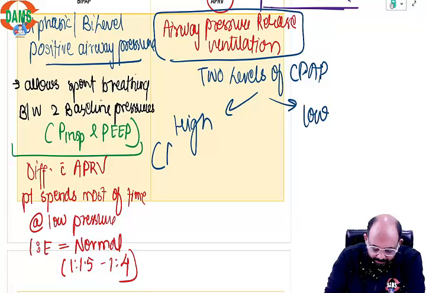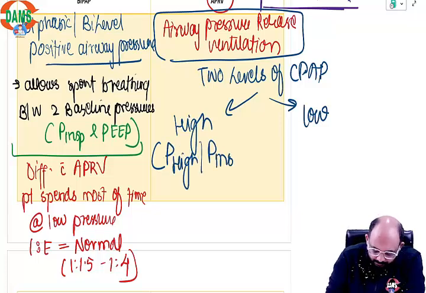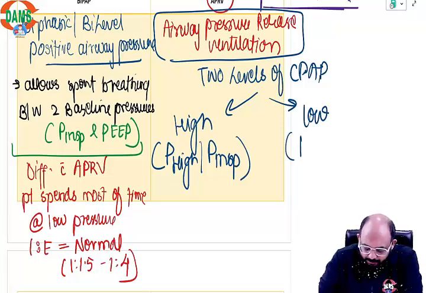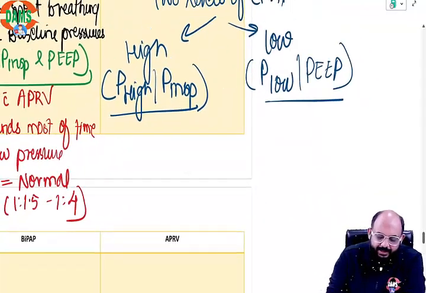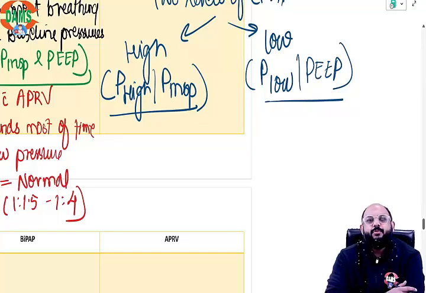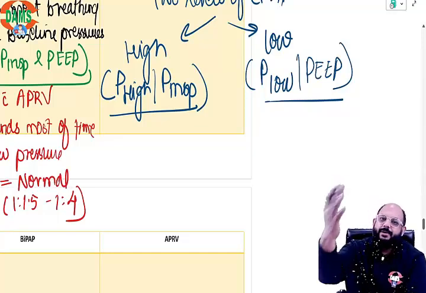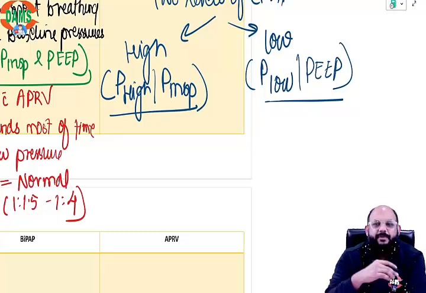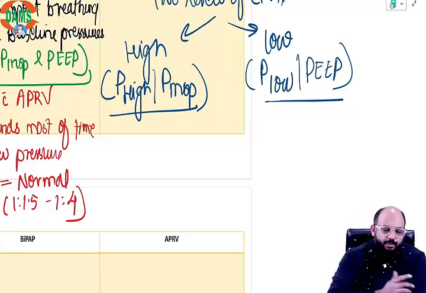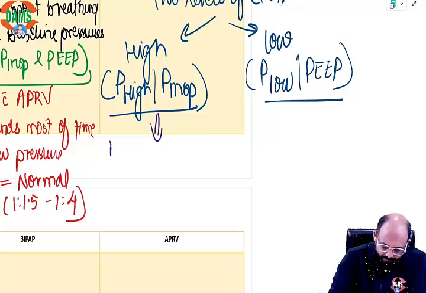High is P high or P inspiratory, and low is P low or PEEP. And this also has an added setting of T high and T low. How much time you want the patient to spend at a higher pressure and how much time you want to let the patient spend at a lower level. And usually the high time is more. Most of the time is spent here.